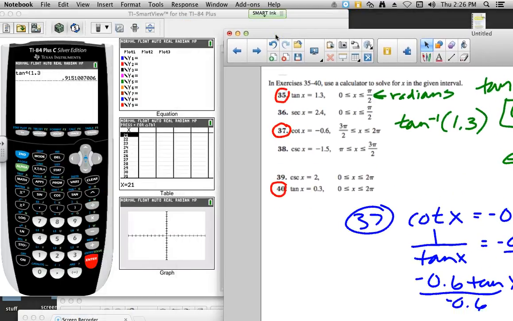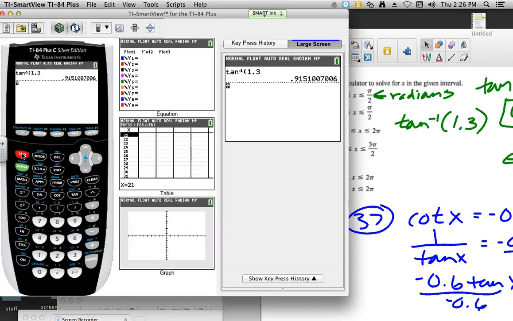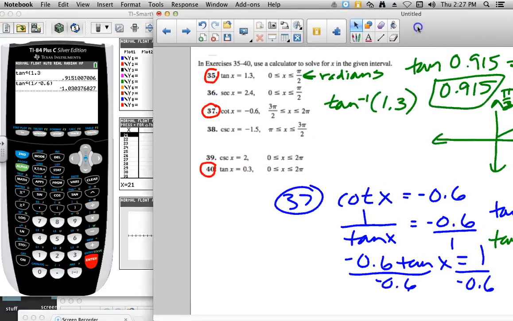So let's go over here and punch in second inverse tangent. And we need 1 divided by negative 0.6. And that will get us what we're looking for. So enter. Negative 1.03037687.